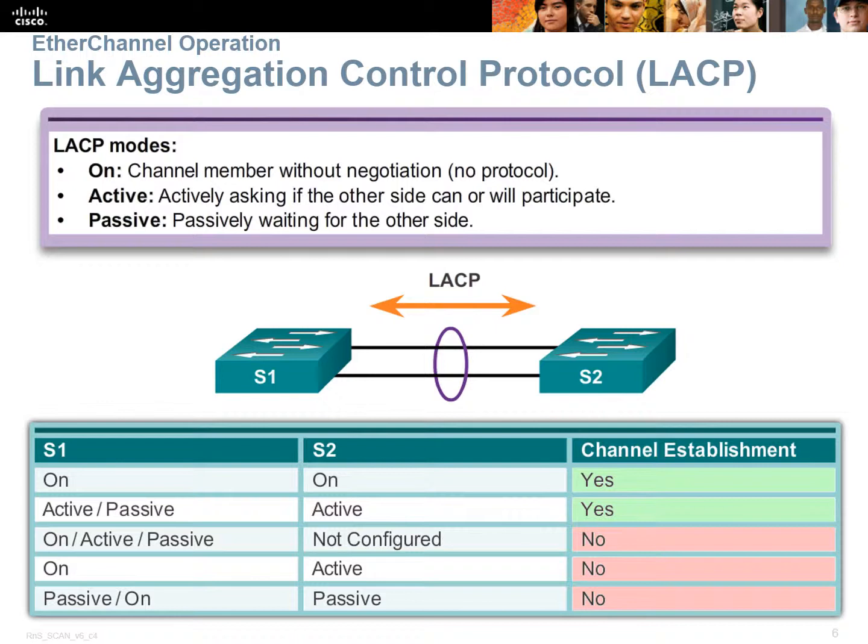Active with active works, active with passive works, but if you have passive and passive, the bundle won't form. And on with any other mode won't form either, because just like PAgP with desirable and auto, passive only ever listens, just as auto in PAgP is only ever listening.